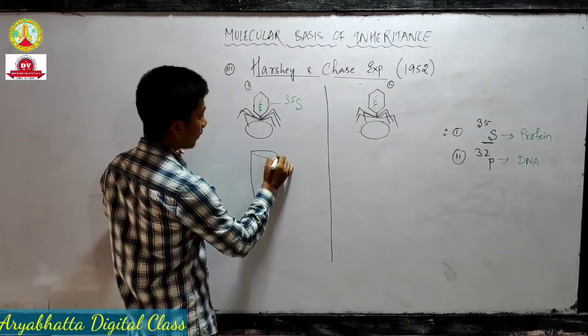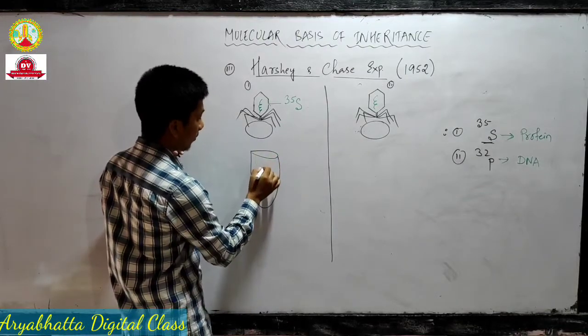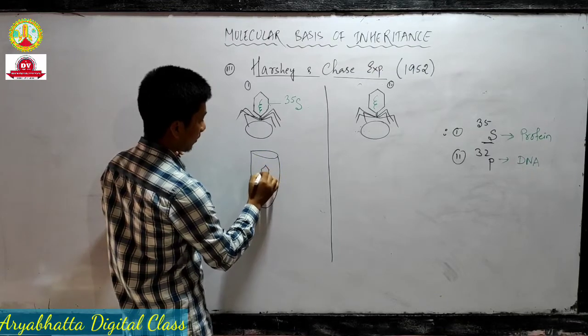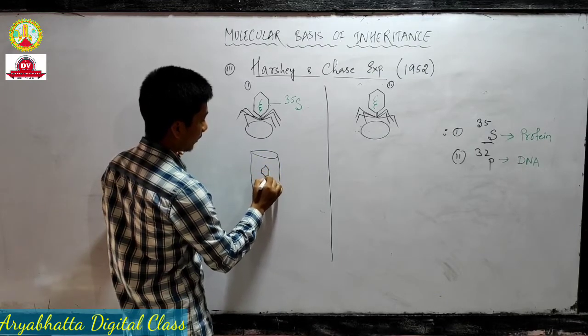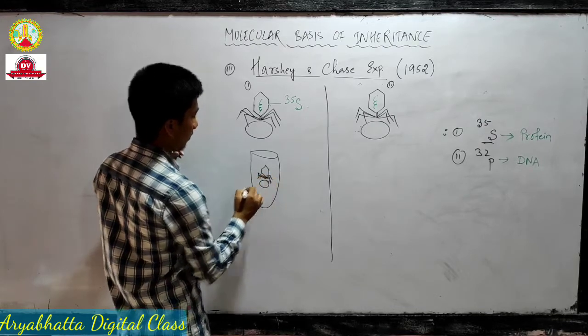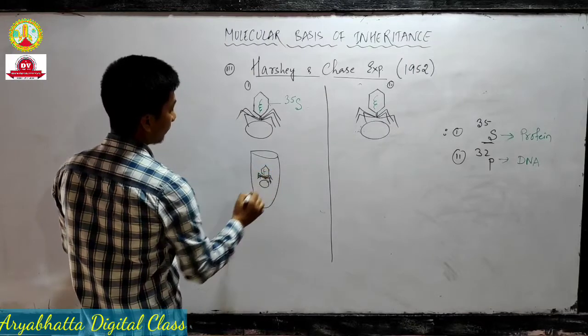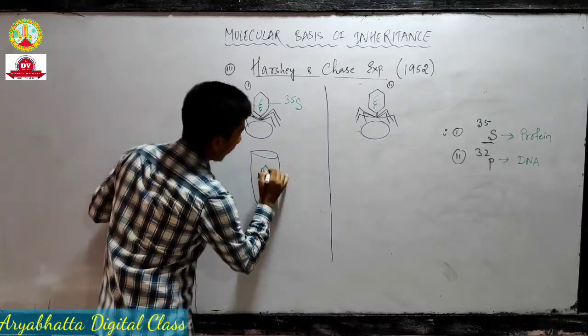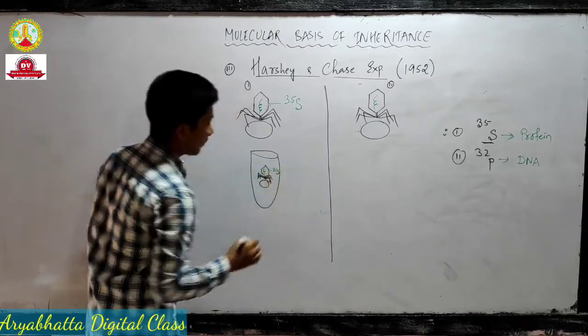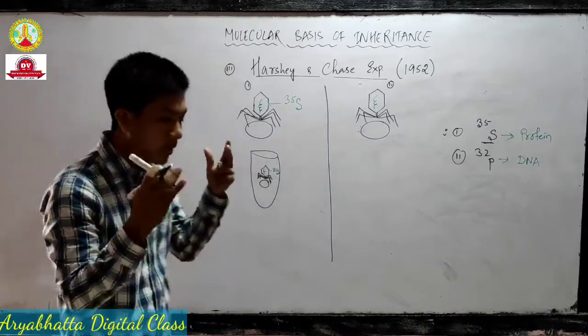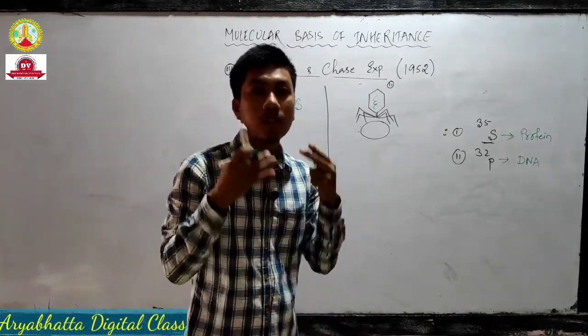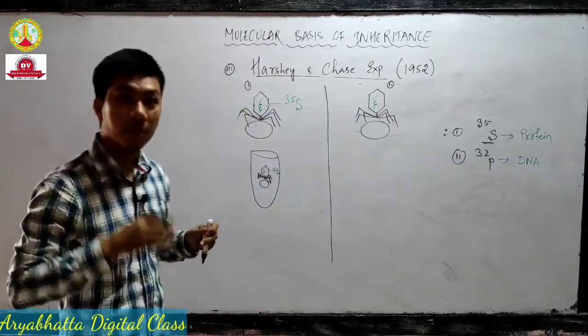Next what they did, inside we have virus and E. coli. Okay, try to draw a beautiful diagram. Here we have sulfur 35 along with it. Now what is the role of the radioactive element? It helps us in visualization.